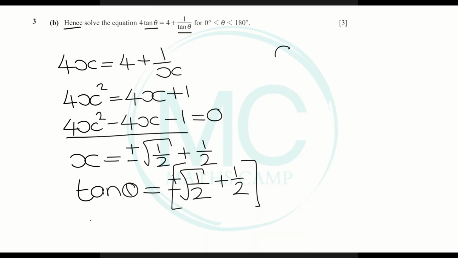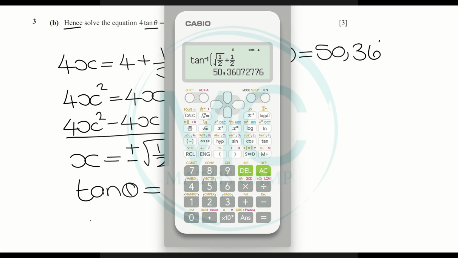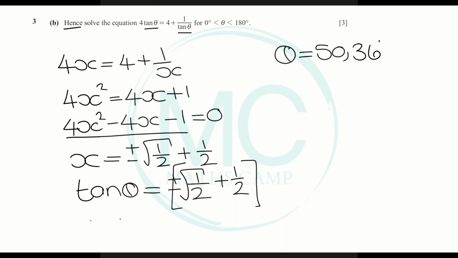So we can say theta is equal to 50.36 degrees. Now let's find theta with a negative root. So I can say shift tan, negative root of 1 over 2 plus 1 over 2 is equal to negative 11.7.